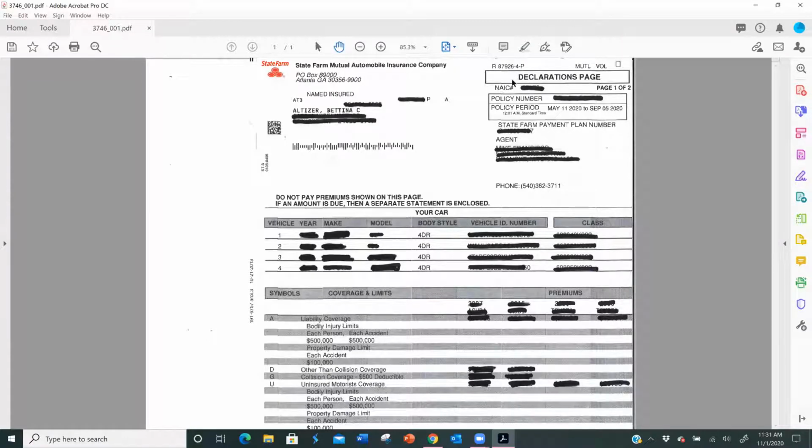There's the area that I'm talking about in this declaration page. So this is also covered. If you cause property damage, you hit a car, you injure the car, what amount of coverage do you have to repair or replace that car? So in my policy, I've got $100,000.